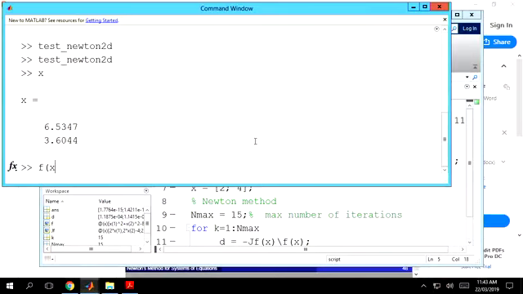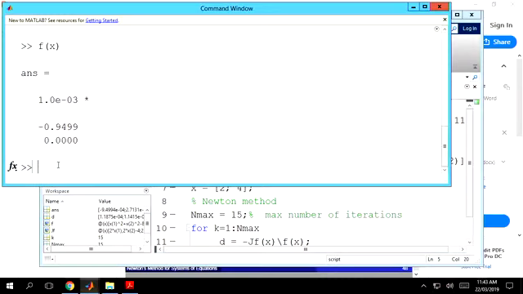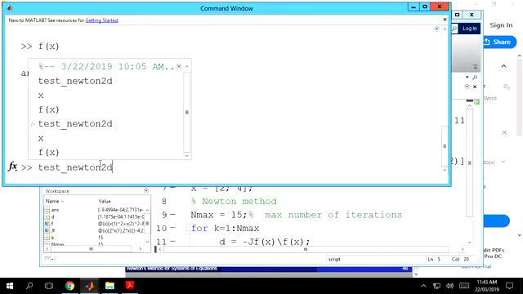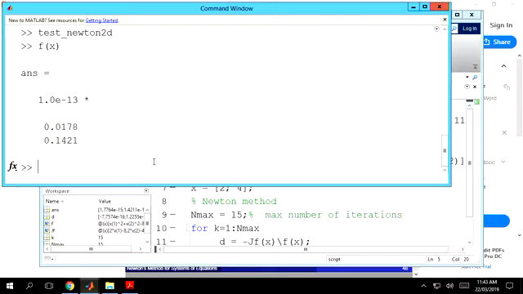And then I evaluate f of x. I got only 10 to the minus 3. You see? So then you have to go back and do all the calculation and check what went wrong. So that's why it's still very good to do the calculation by hand, at least for the first iteration, and then after that you plug it in and you get exactly here.